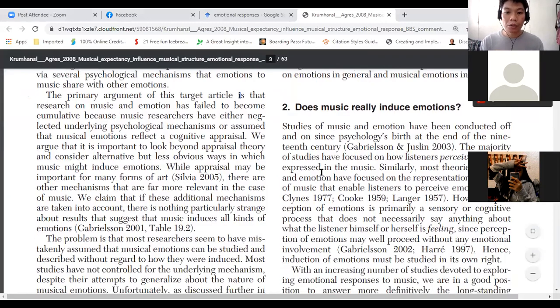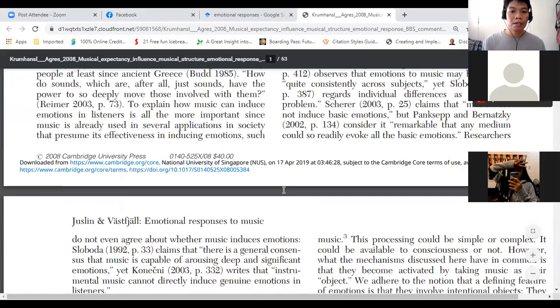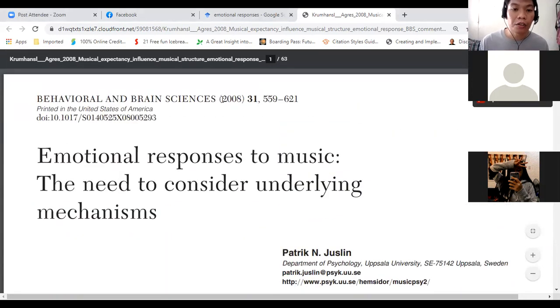Kaya halimbawa ito, this specific line. Studies of music and emotion have been conducted off and on since psychologists' birth at the end of the 19th century, according to Gabrielson and Justin, 2003. Although 2003 pa siya na-conduct, but since na-update siya ni Jocelyn on 2008, meaning pwede siya ma-update.